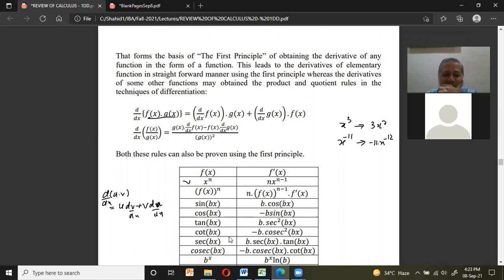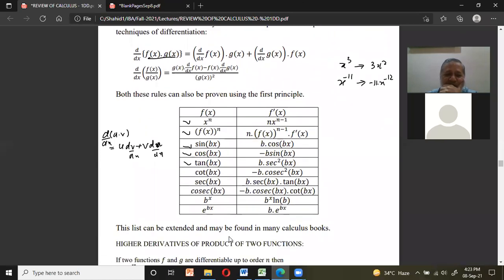For example, this can be proved, this can be proved, this can be proved, this can be proved. But then to prove the derivative of tangent to be secant square, you have to use the u upon v rule. For cot, u upon v, for secant, u upon v, for cosecant, u upon v. For e power x we have a different use of first principle, but the first principle can be used to prove this, can be used to prove this.